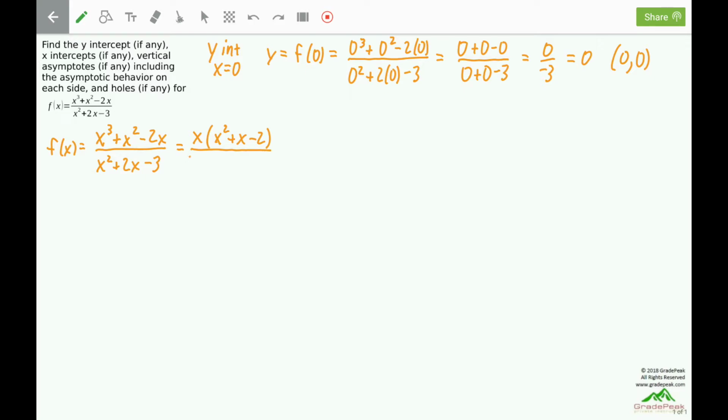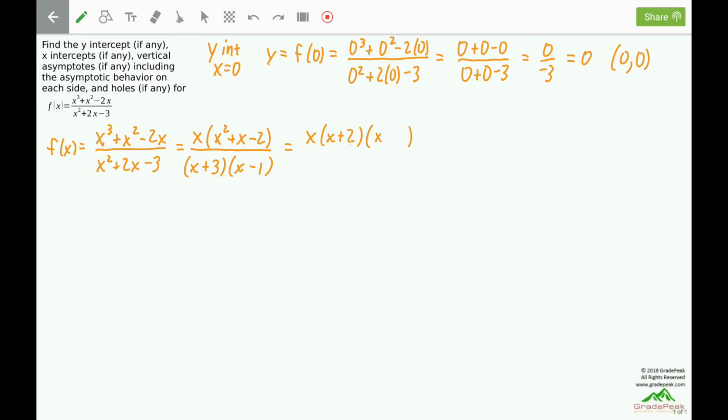The denominator is a trinomial quadratic, which will factor into x and x, two numbers that multiply to be a negative 3 and add to be a positive 2. That'll be a positive 3 and a negative 1. In the numerator, we also have a trinomial quadratic left over after the x had factored out. Two numbers that multiply to be a negative 2 and add to be a positive 1.